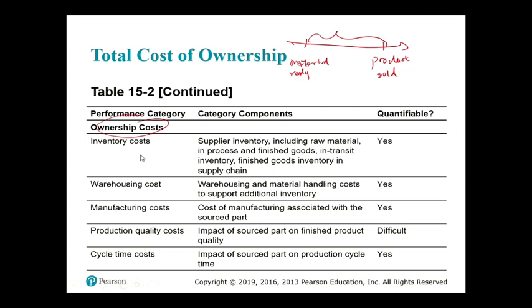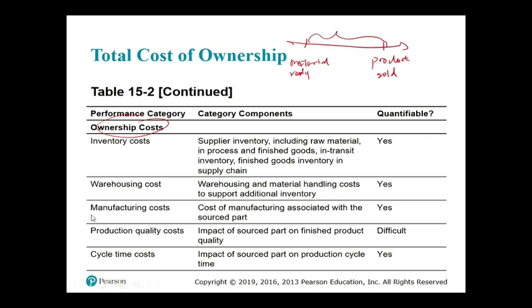So here we will incur inventory, and this inventory relates to any products that occur from this point to this point. So it could be raw material, semi-finished products, or finished products. And then we need a warehouse to store this inventory. So there's warehousing costs. And if this is actually a manufacturing process, then there is also manufacturing cost.